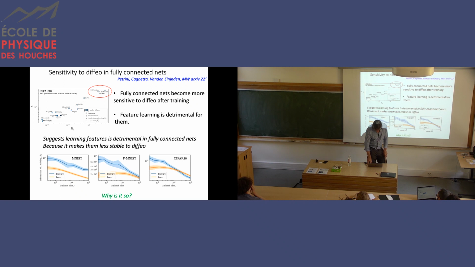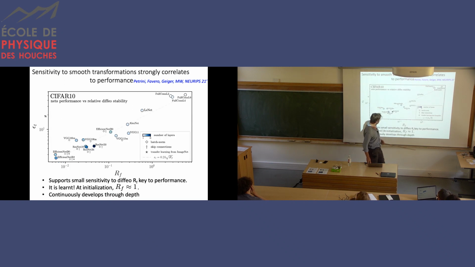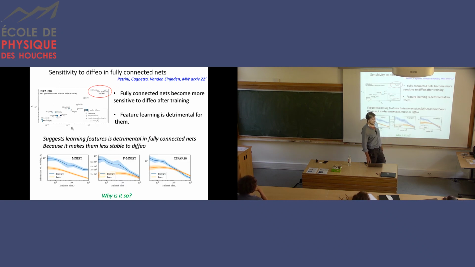Okay, so now we're trying to understand that more quantitatively, and maybe I will just tell you how we're trying to think about that in two slides. I'm already over time, so I wanted to go back to a question I raised at the beginning: why is it that fully connected nets perform less well on images than in the lazy regime?